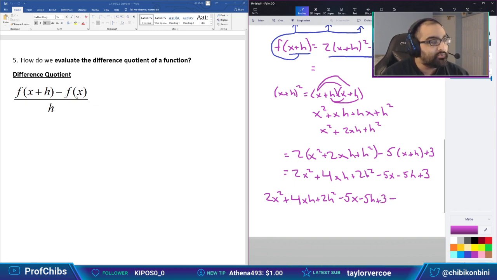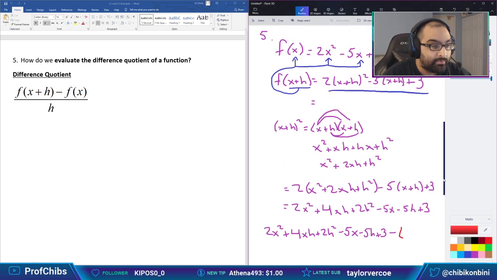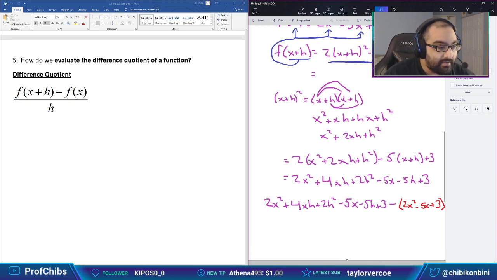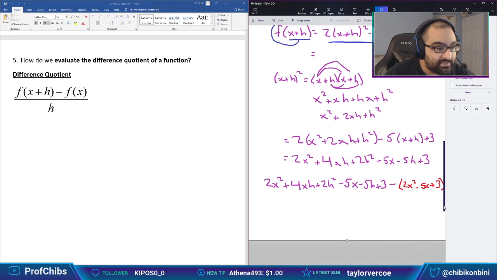Because we are subtracting f of x, remember that f of x needs to go in parentheses. Remember, anything we plug in, we have to substitute with parentheses. This becomes extremely important because it's going to significantly cut down the entirety of this problem. You're probably saying, wow, there's a lot of gobbledygook here, a lot of letters and numbers. Well, let me tell you, having those parentheses makes this significantly easier.